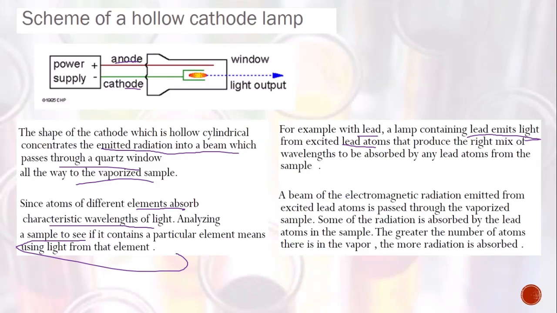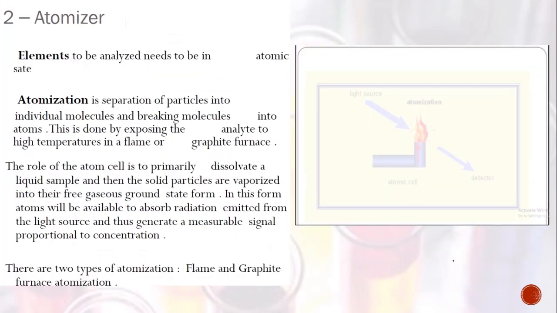So a beam of electromagnetic radiation emitted from excited lead atoms is passed through the vaporized sample, and some of the radiation will be absorbed by the lead atoms in the sample. If we have a great number of atoms in the vapor, more radiation will be absorbed. So in the atomizer, we have the light, radiation, and then we have an atomizer.